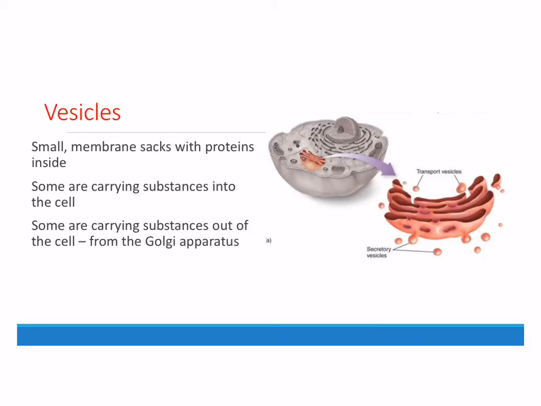These are small sacs made of membrane, and inside are the proteins that have been made by the ER and processed by the Golgi apparatus. Some are carrying substances into the cell, though. Others are carrying substances out of the cell. So these vesicles are little packages with protein inside, and they're transporting the protein around in the cell, out of the cell, or into the cell.